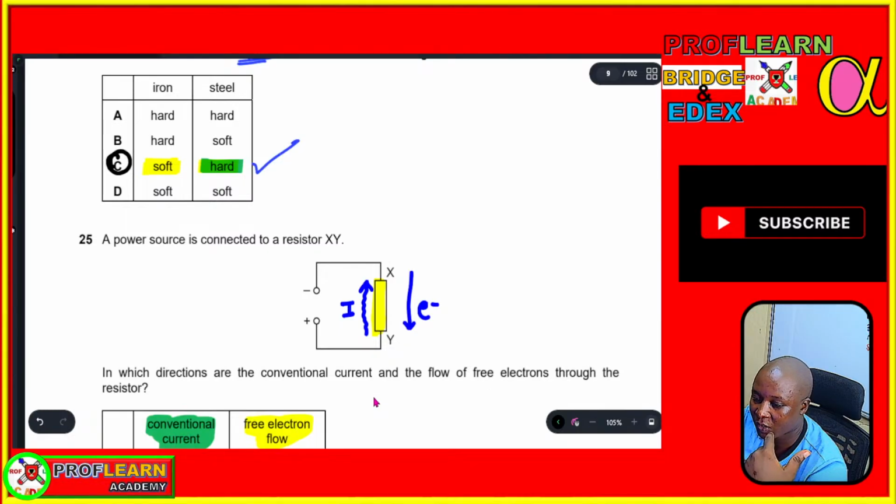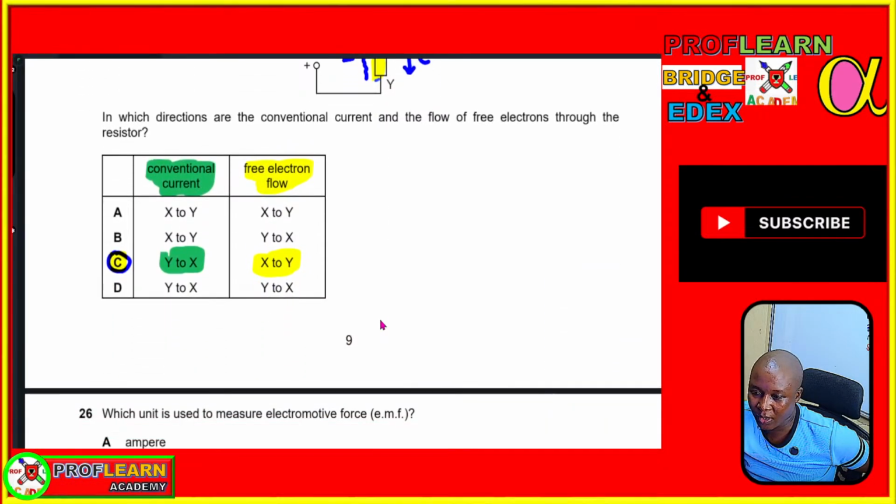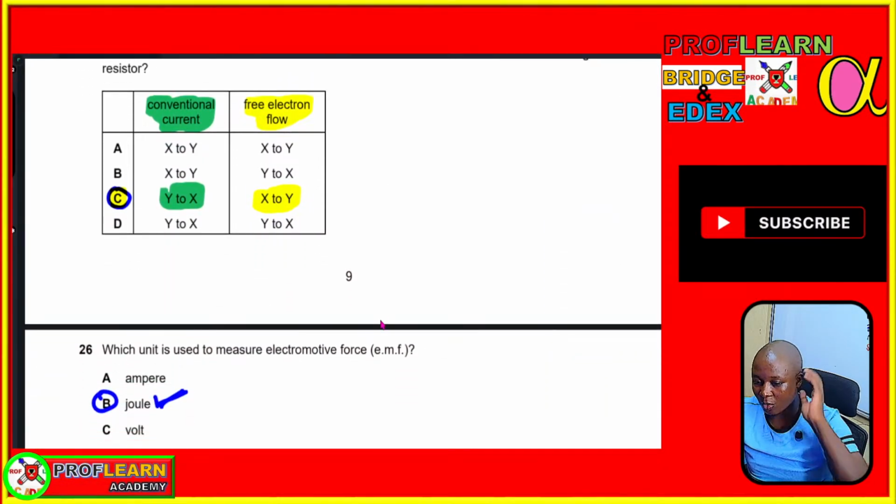Remember, current flows from the positive to the negative. So current is going to flow from X to Y, but electrons will be repelled from the negative terminal and attracted to the positive terminal. So electrons will travel from Y to X, but current will travel from X to Y. So the correct option is C.